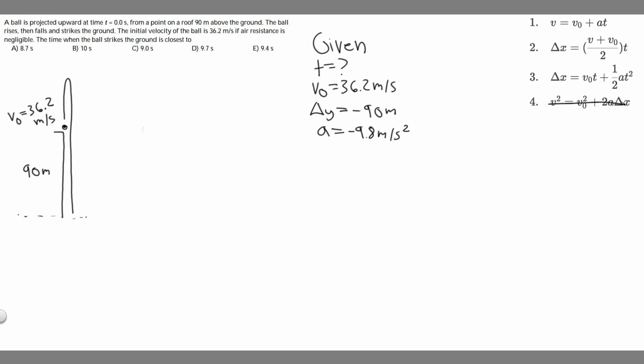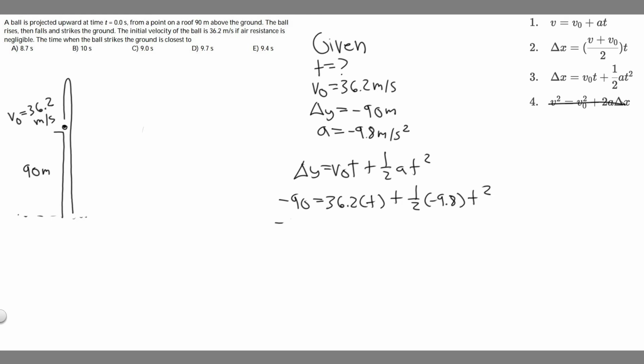So let's plug in. Delta y is minus 90 equals the initial velocity, 36.2, times t, plus 1/2 times a, which is minus 9.8, times t squared.